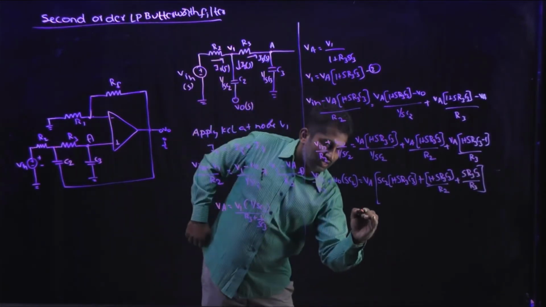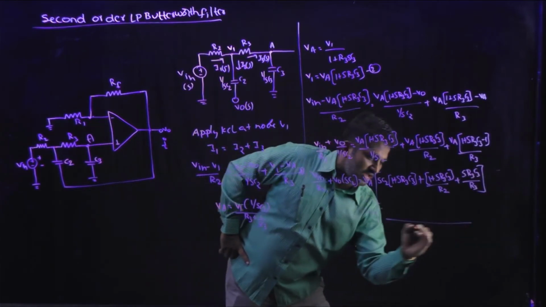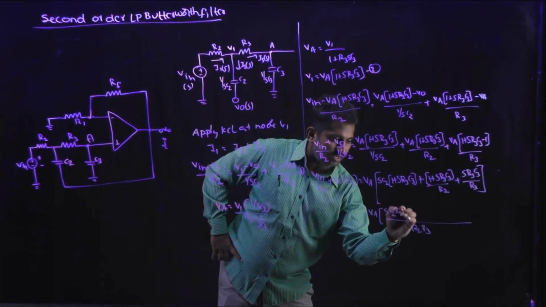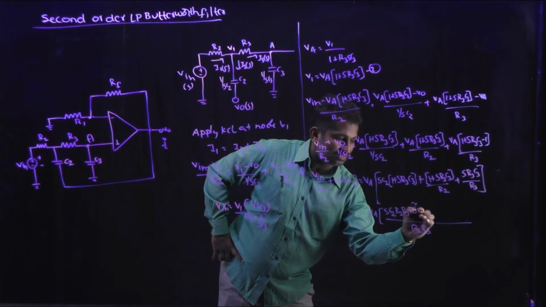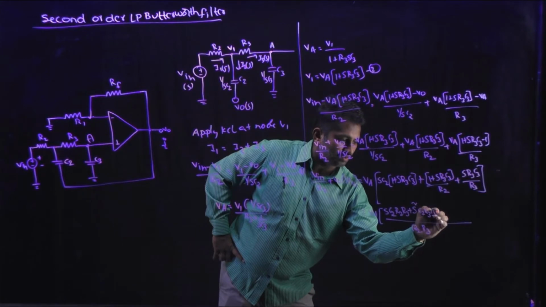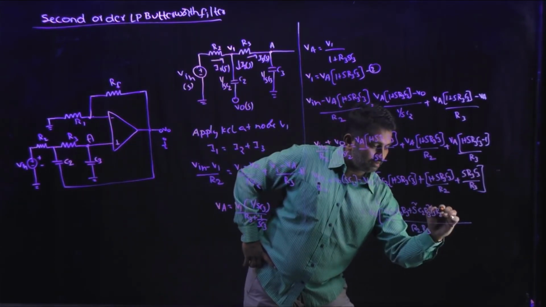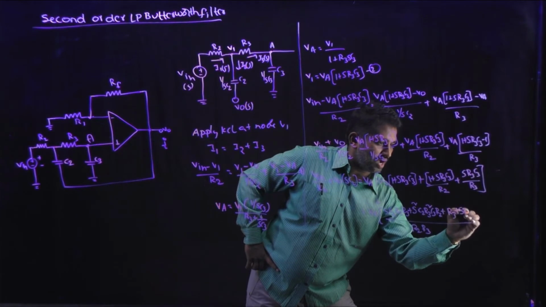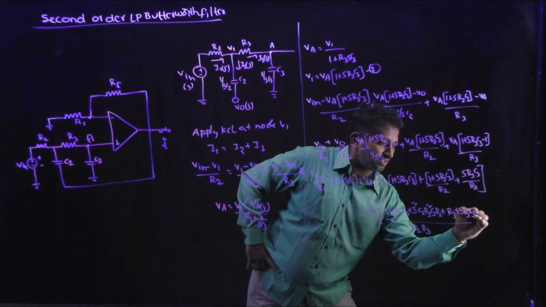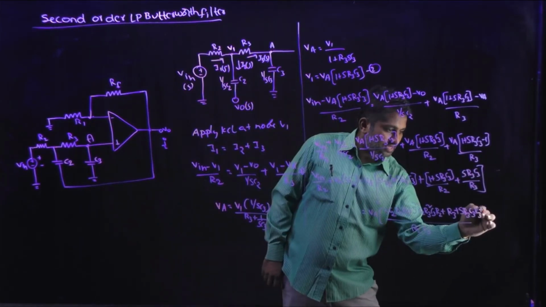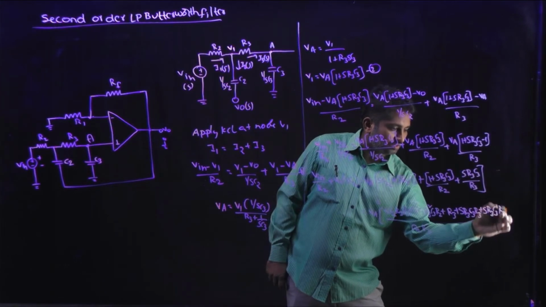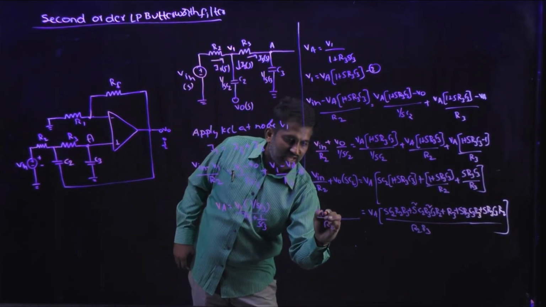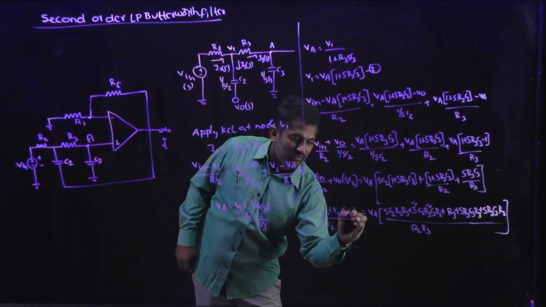So from this you can rewrite it as VA, taking the LCM as R2 R3, giving S C2 R2 R3 plus S square C2 R3 square C3 R2, and then plus S R3 C3 R3 plus S R3 C3 R2. Taking the LCM as R2 on the left, you get Vin plus V0 S C2 into R2.